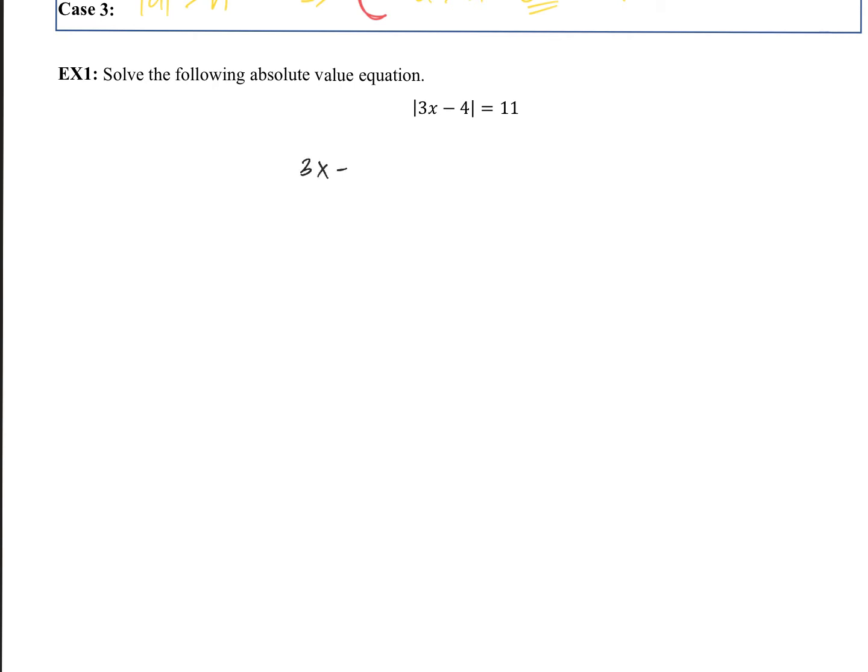We'll have 3x minus 4 is equal to 11, or 3x minus 4 is equal to the opposite of 11. And now we continue to solve. That was the hard part, just going from the absolute values to no absolute values. Other than that, it's just normal solving, which we've done before.